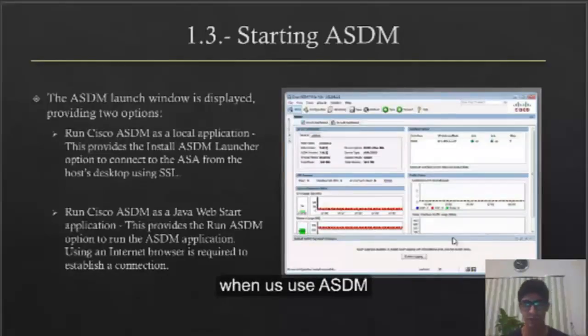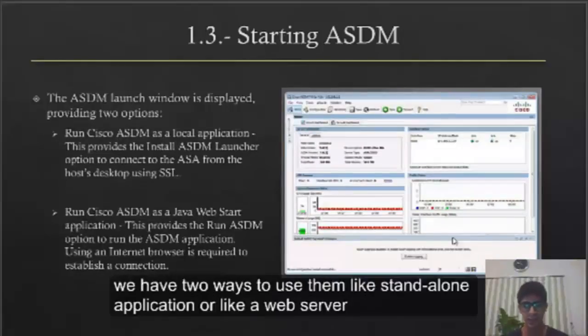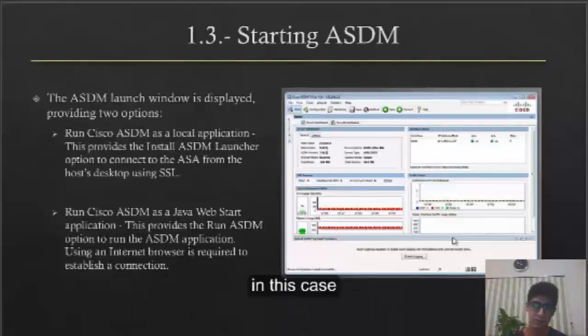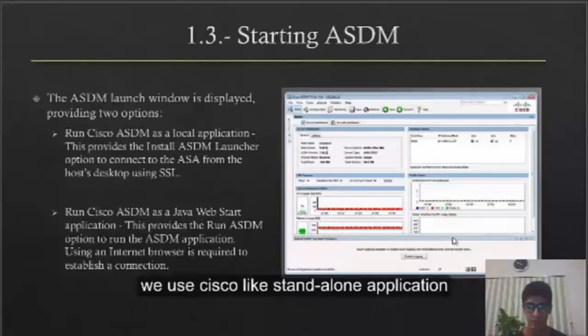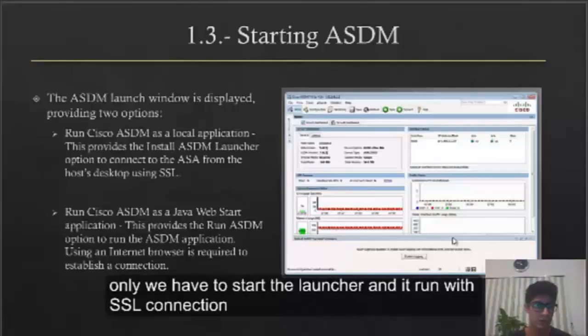Well, when we use ASDM, we have two ways to use it: like a standalone application or like a web server. In this case, we use Cisco ASDM like a standalone application. We only have to start the launcher, and it comes with an SSL connection.